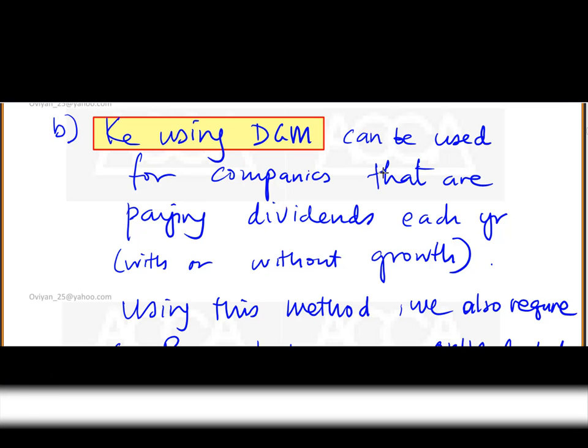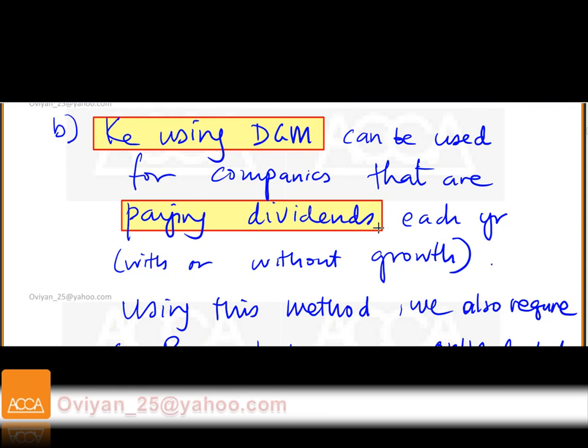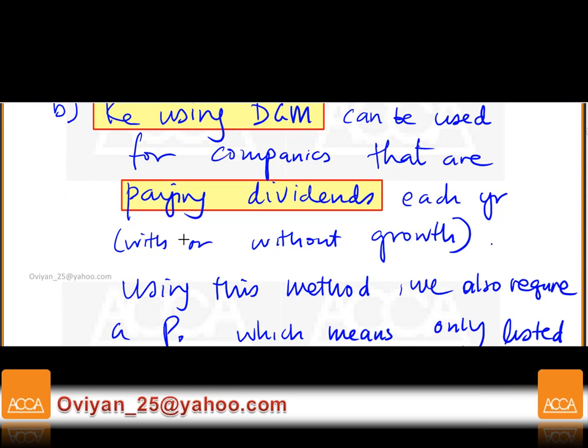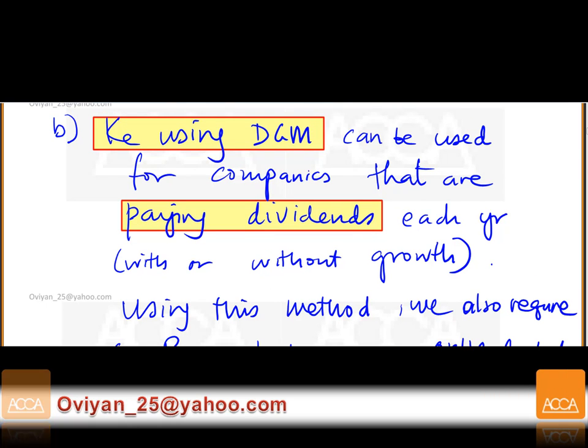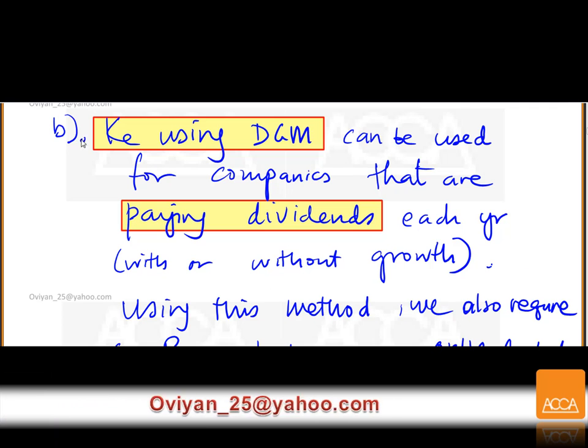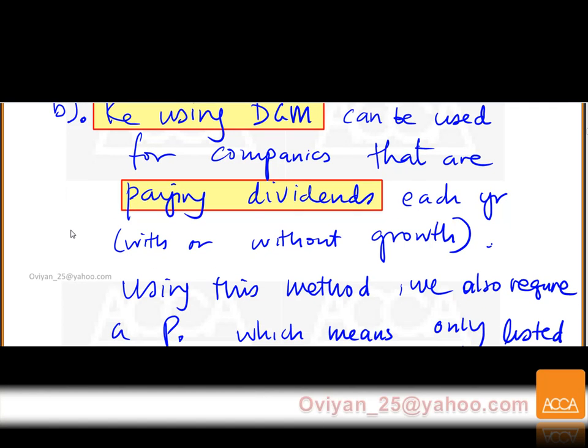It can be used for companies that are paying dividends. So these are good for companies that already have dividends each year, either with or without growth. So that's the first point that I would like to stress. This is my first point.